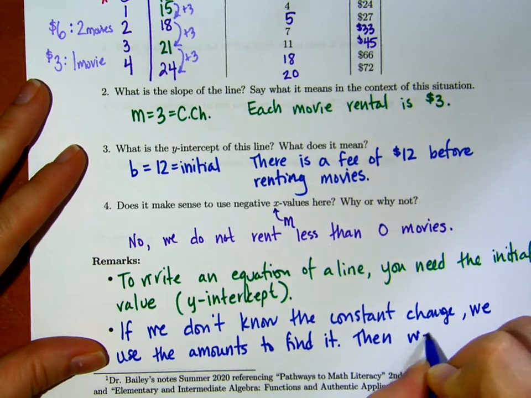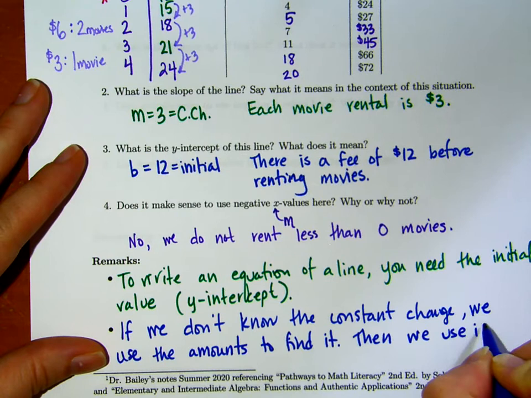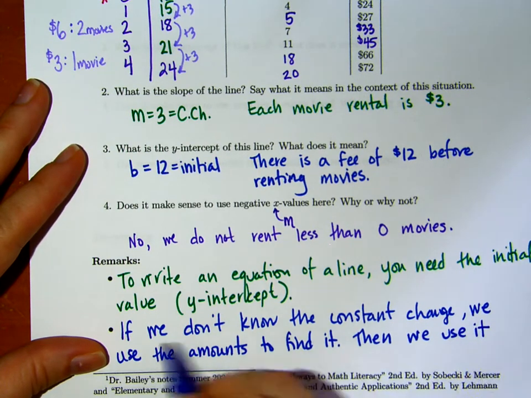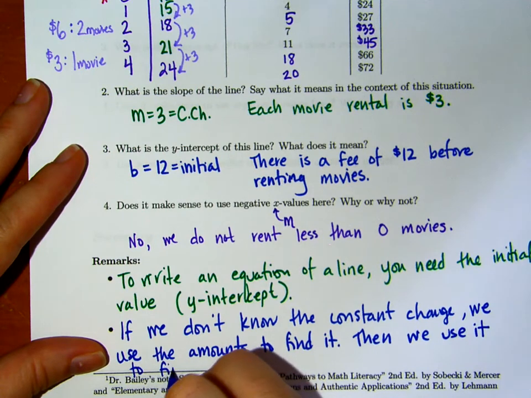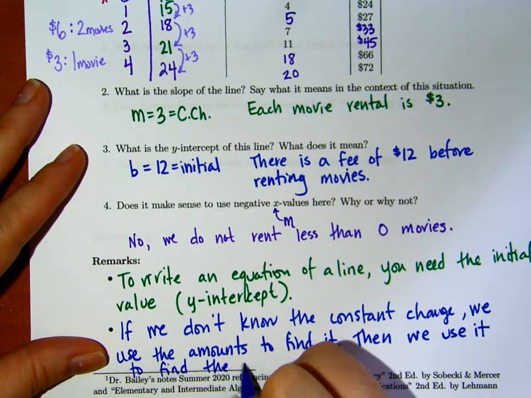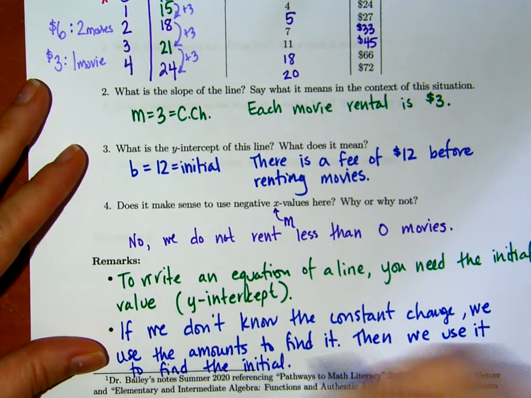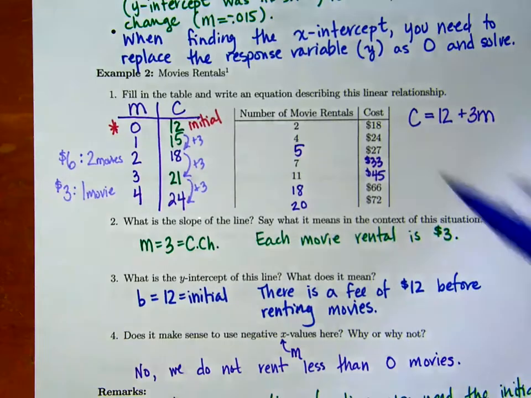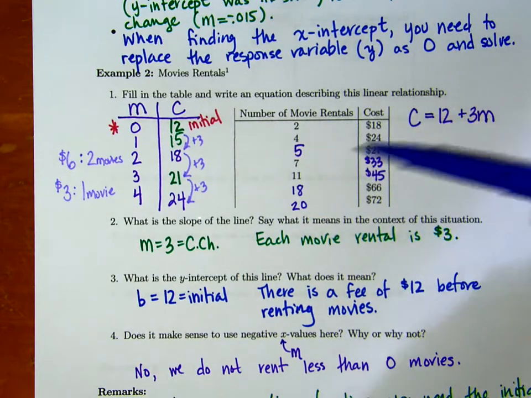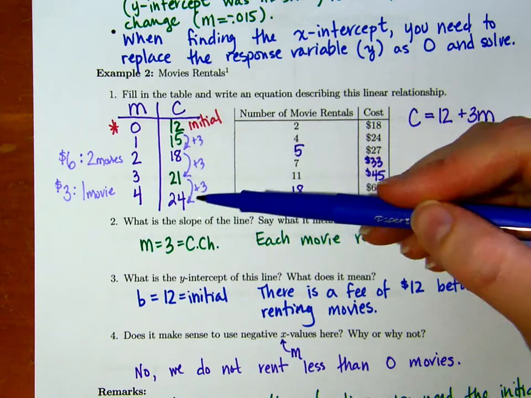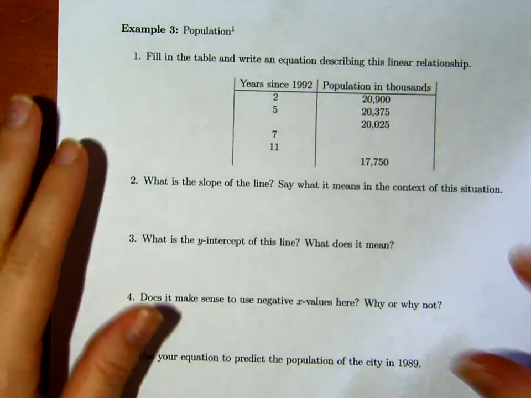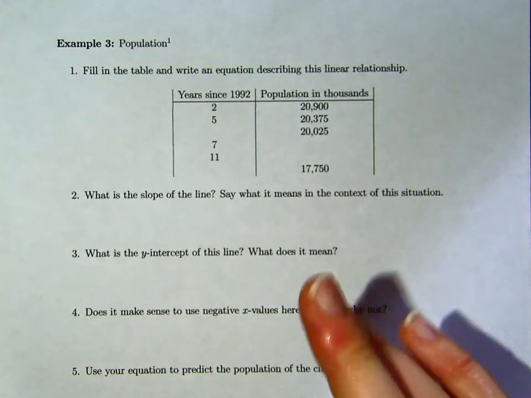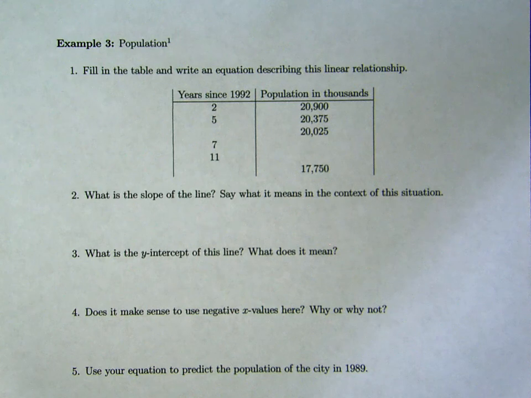Then we use the constant change to find the initial. So up here, we used two different values to find our constant change, and then we use that to backtrack to get our initial value. In the next video, we will look at this third example to finish this section.